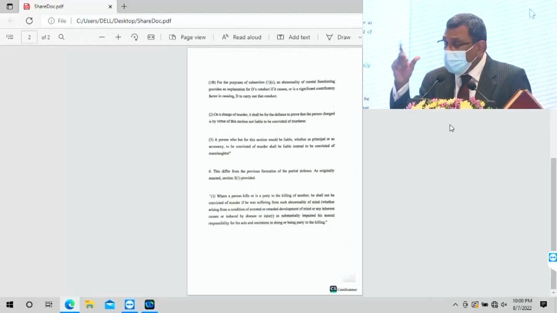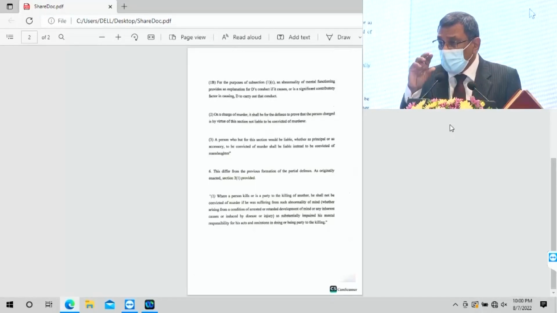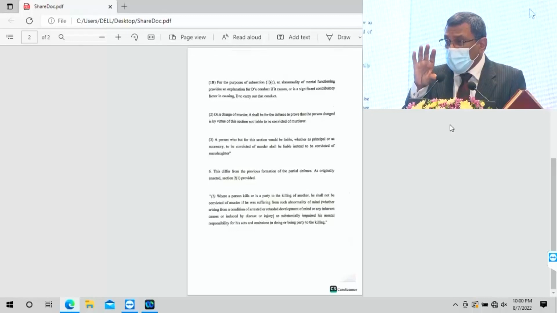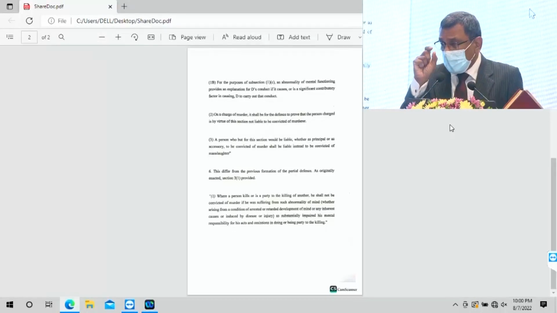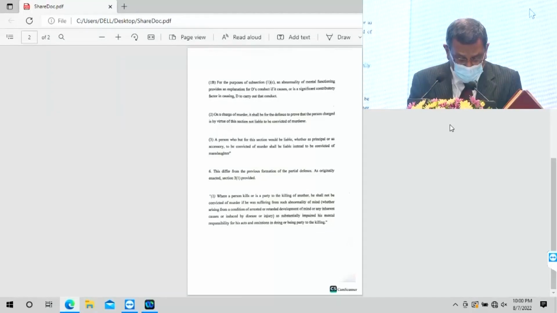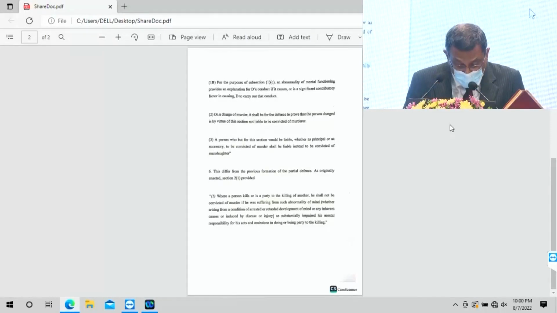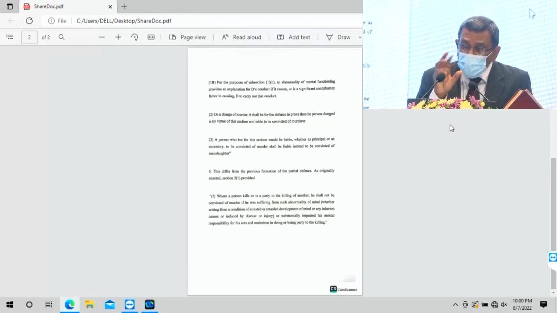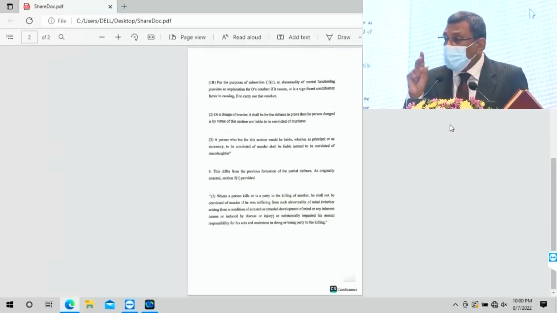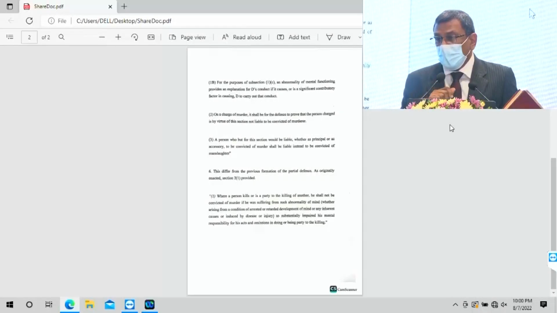Now, the question that came up repeatedly in the understanding of this concept of diminished responsibility has been what it means in the section by, as a result of this impulsive reaction of the person, this diminished responsibility, his rational behavior was substantially impaired. What do you mean by that?